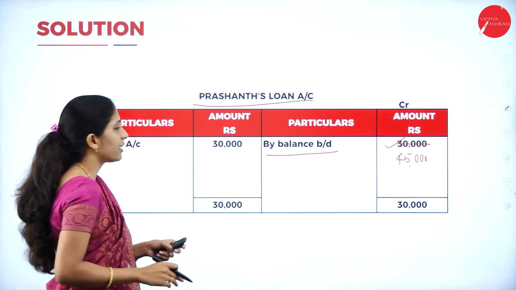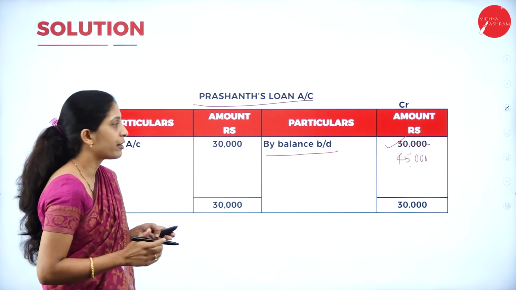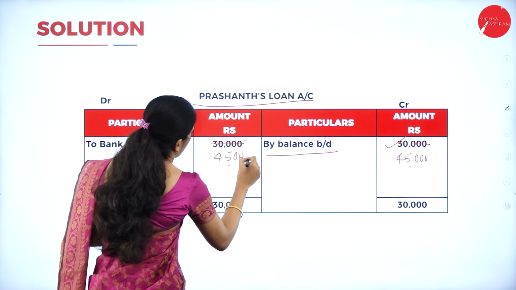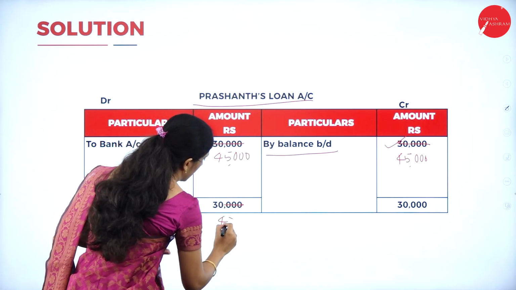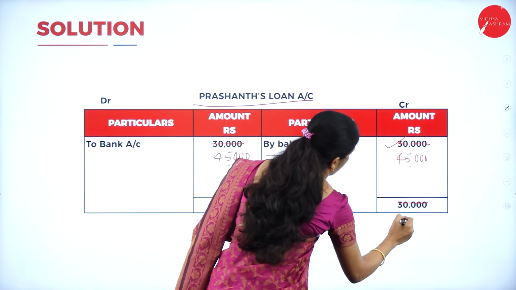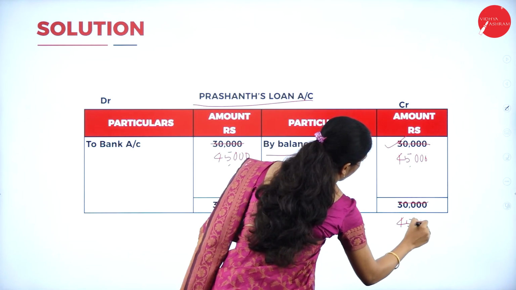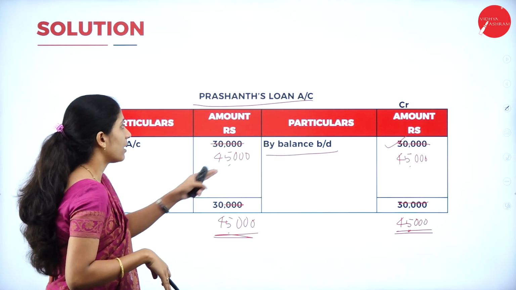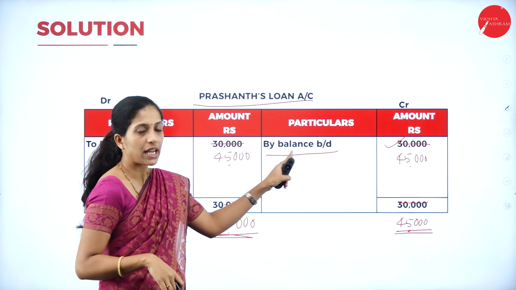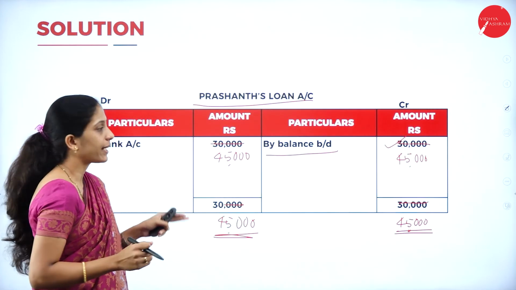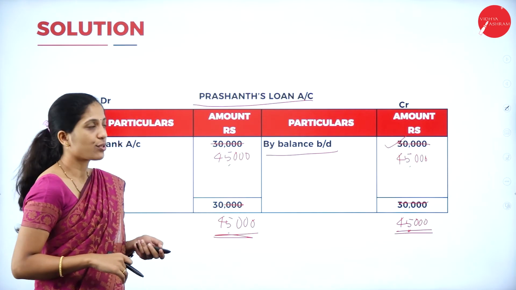Now, make payment of that loan, that is the same 45,000. Balance both the sides, your balance will be the same, 45,000. So, this is about the partner's loan account. First, bring down the balance on the credit side, by balance brought down 45,000, and transfer to bank account, that is 45,000.